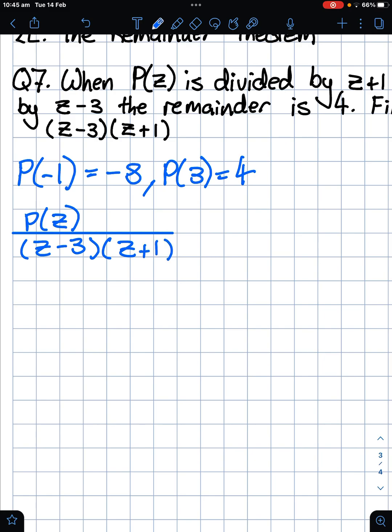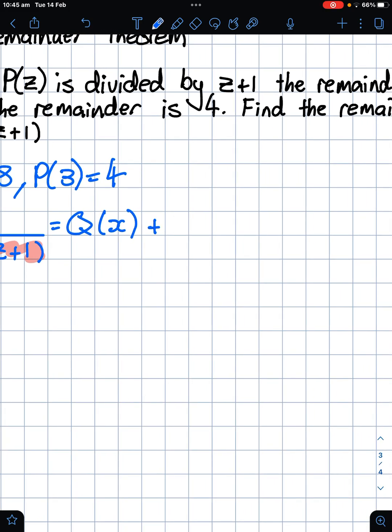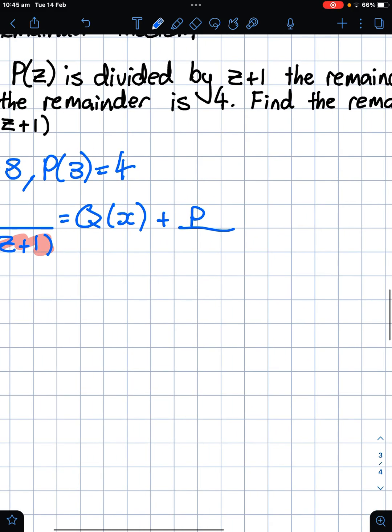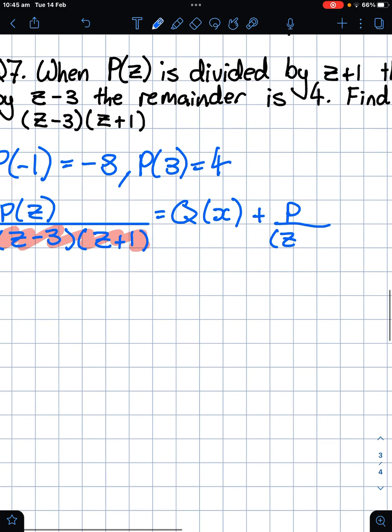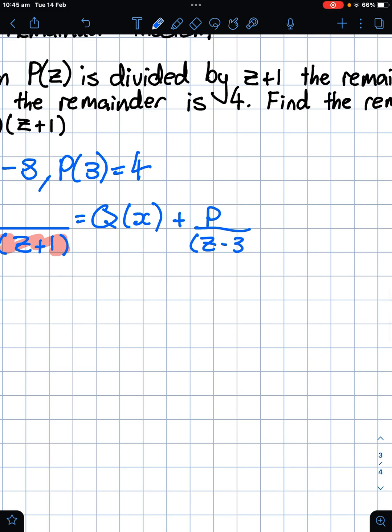Now this divisor at the bottom is a quadratic. So our result will be our quotient, plus our remainder over our divisor, over (z minus 3)(z plus 1).